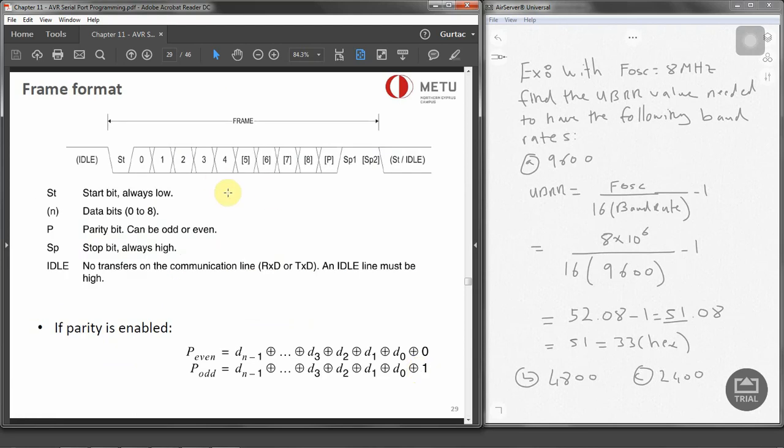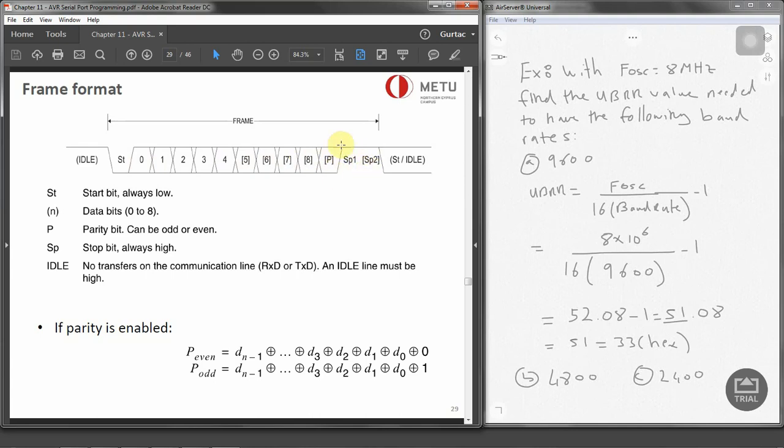Now the frame format, as you can see, we have the start bit, which is always 0 or low. Then we have data bits 0 to 8. And we have the parity bit, even or odd parity. And then we have the stop bit, which is always high.